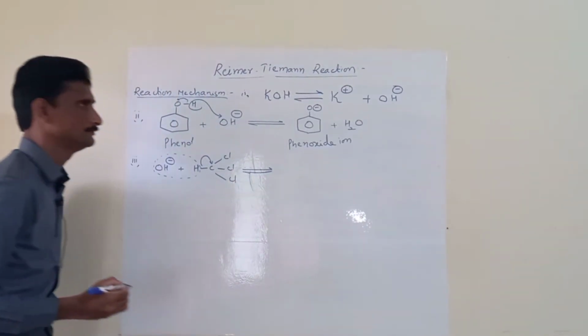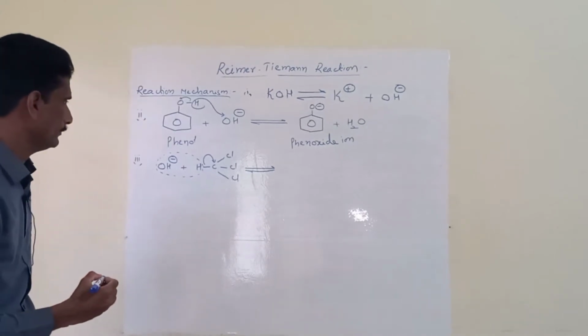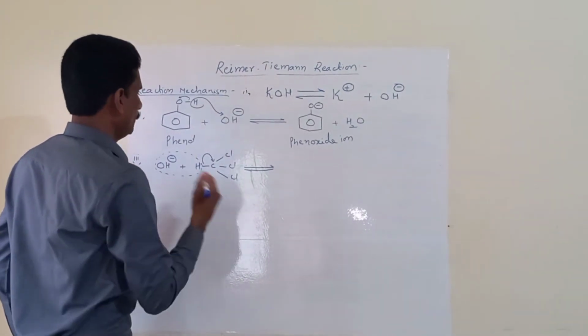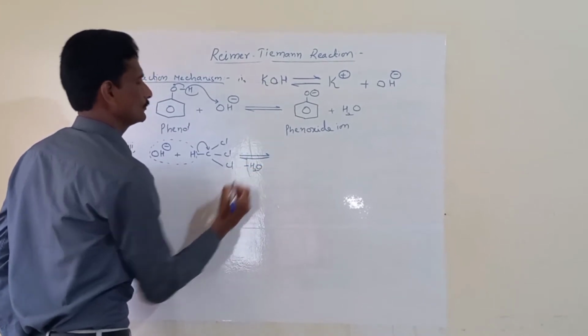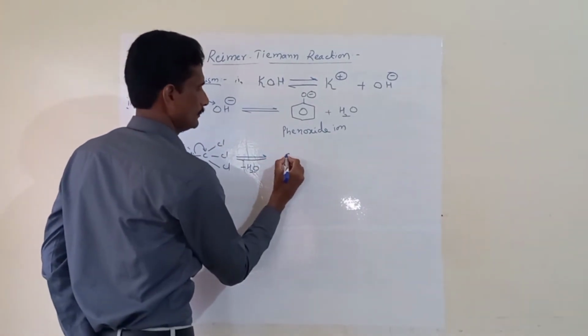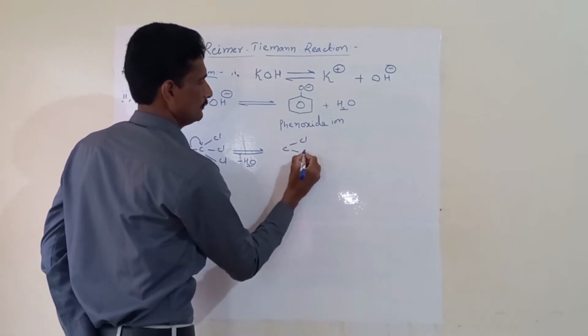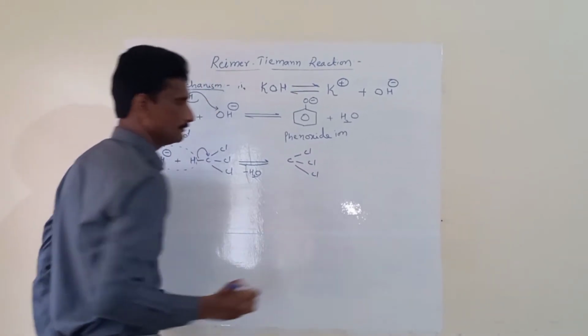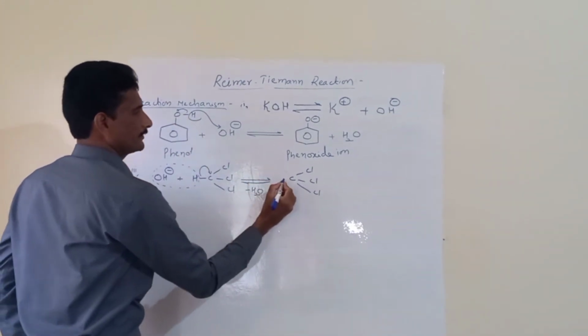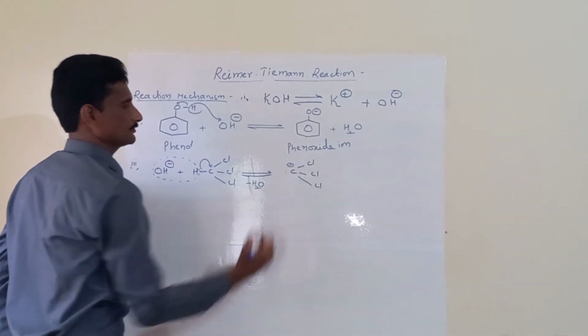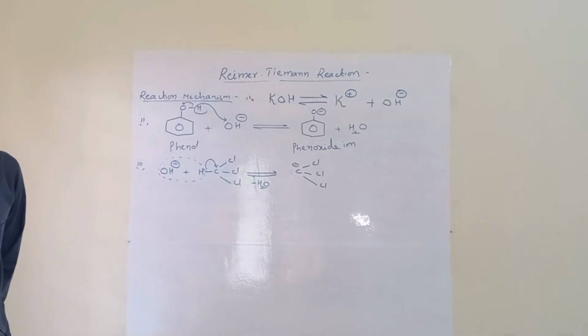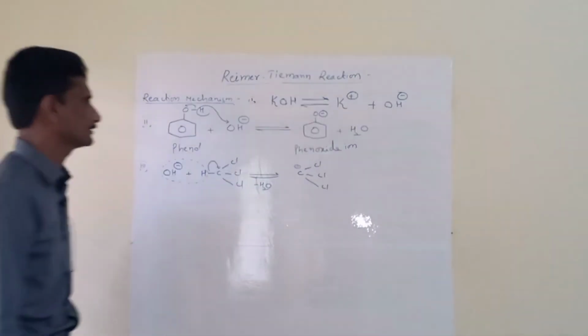Next carbon, CCl3 minus, gets 2 electrons and a negative charge.